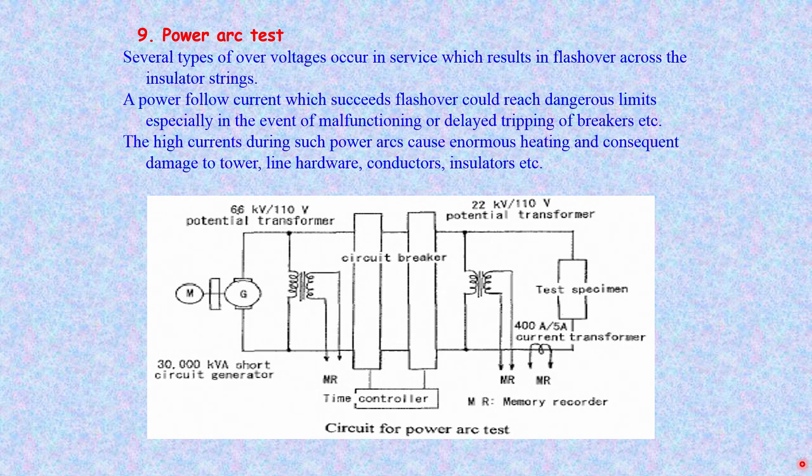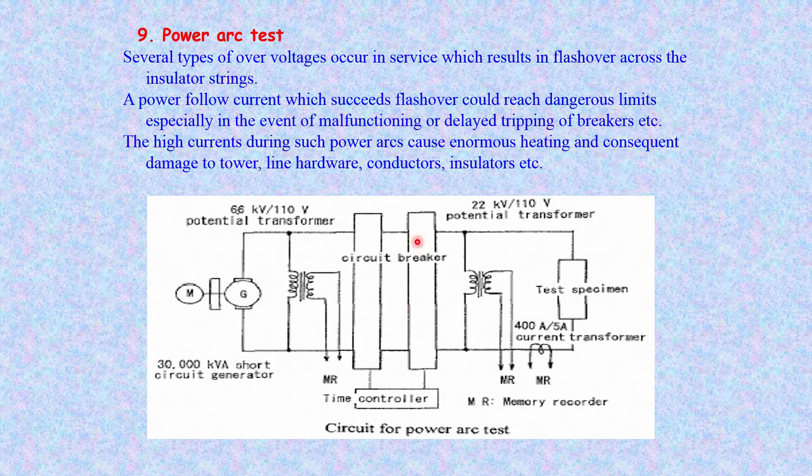In case the breaker trips, the power follow currents could be limited because of the breaker. In case the breakers do not trip, then it could be dangerous for the insulators, where the current levels could shoot up to very high magnitudes. So, these high currents during such power arcs, that is during such flashovers, can cause heating and consequent damage to the tower, line hardware, conductor, insulators and insulator accessories which are connected.